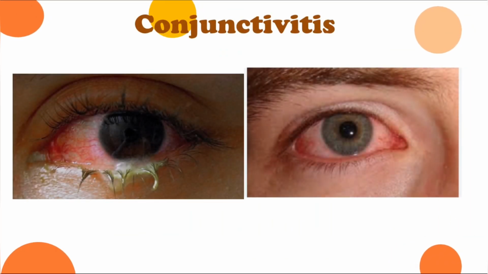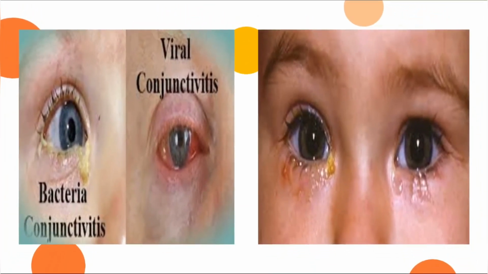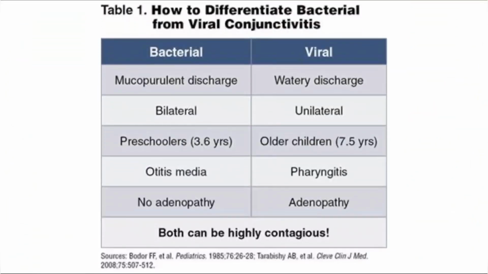Sometimes patients come with simple things like redness of the eye, and it might be viral, it might be bacterial. It is difficult to differentiate between them. Usually the bacterial one has a sticky eye with mucopurulent discharge, while the viral one is usually associated with a flu-like illness before that, leading to viral conjunctivitis, and has a watery discharge.